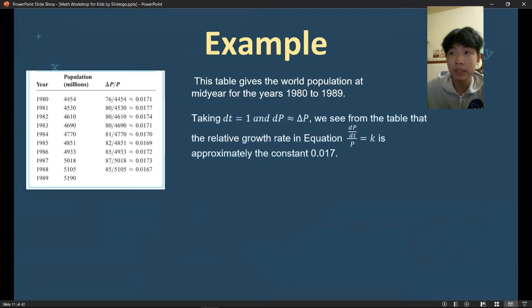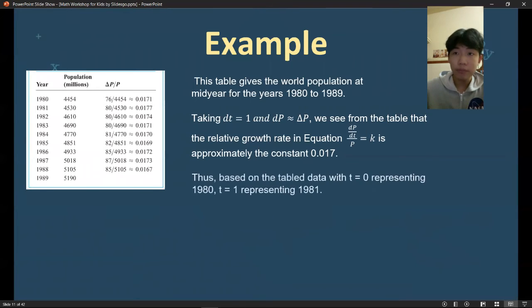Taking dt equal to 1, and dP approximately the delta P, we can see from the table that the relative growth rate, from the equation dP over dt divided by P equal to k, is approximately the constant 0.017. Thus, based on the table data, t equal to 0 represents the year 1980, and t equal to 1 represents 1981.